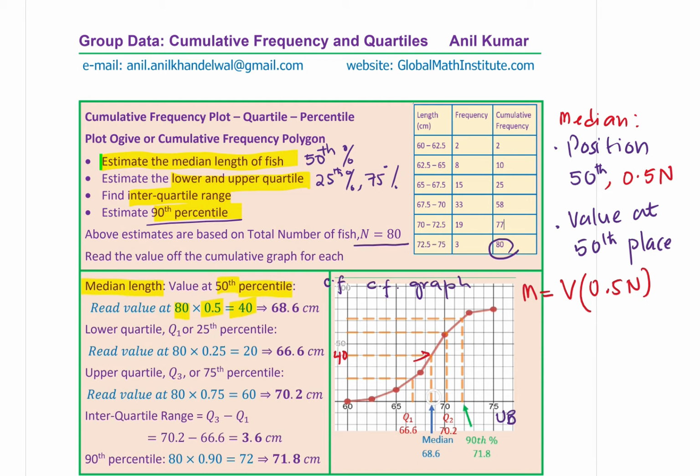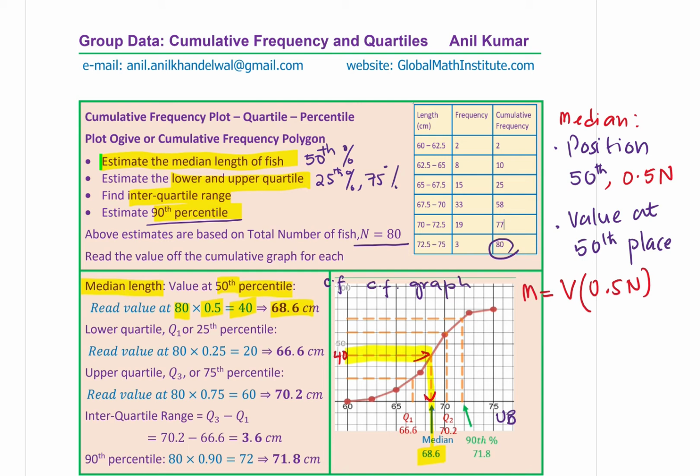This value can be read as 68.6, and that is how you get this value, right? I hope the concept is clear. Once you calculate that 40 is the position for the median, you read from the graph what the length is. That length turns out to be 68.6, and therefore the median for us is 68.6.